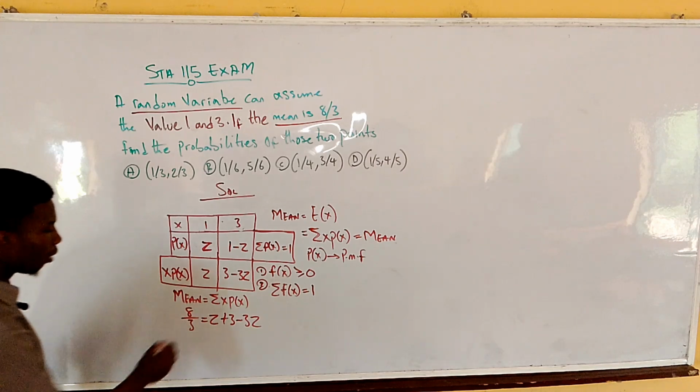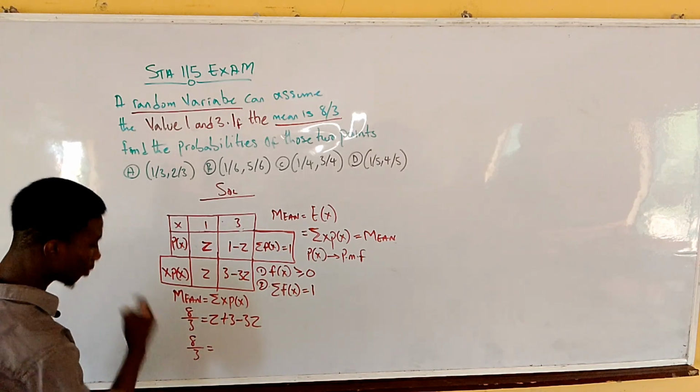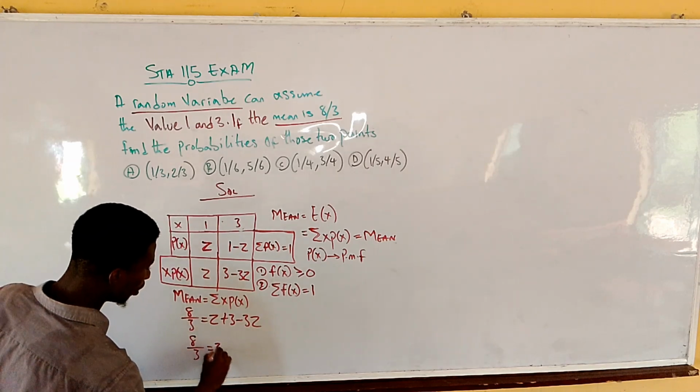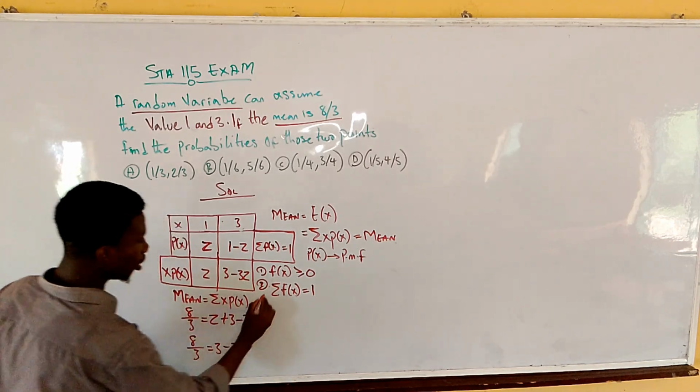Now, that will be 8/3 equals 3 minus 2z.